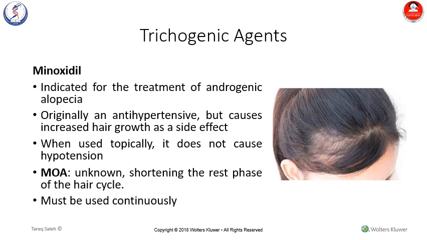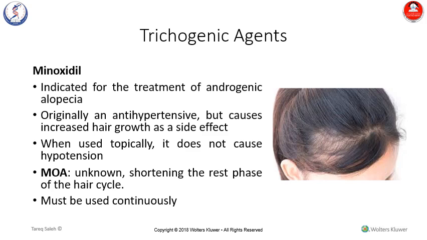When minoxidil, which is now available topically, is used to treat alopecia, it does not cause hypotension, which would be an expected side effect of systemic minoxidil treatment. We still don't know the mechanism of action of minoxidil.